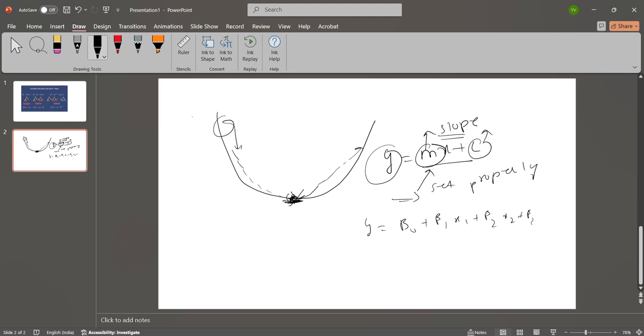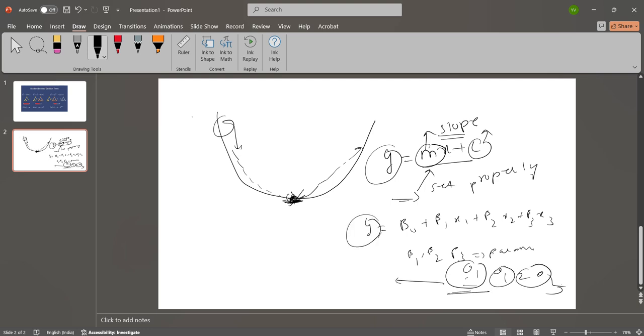Let us say three input features are there. Then beta 1, beta 2, beta 3 are called the parameters, also referred to as theta 1, theta 2, theta 3. You can mention anything. These parameters are really important. They play a crucial role in getting the y value.